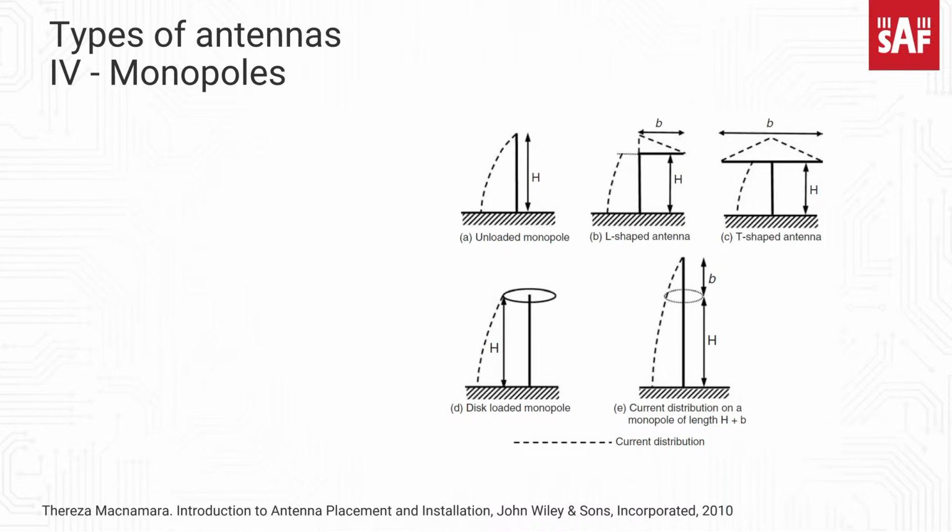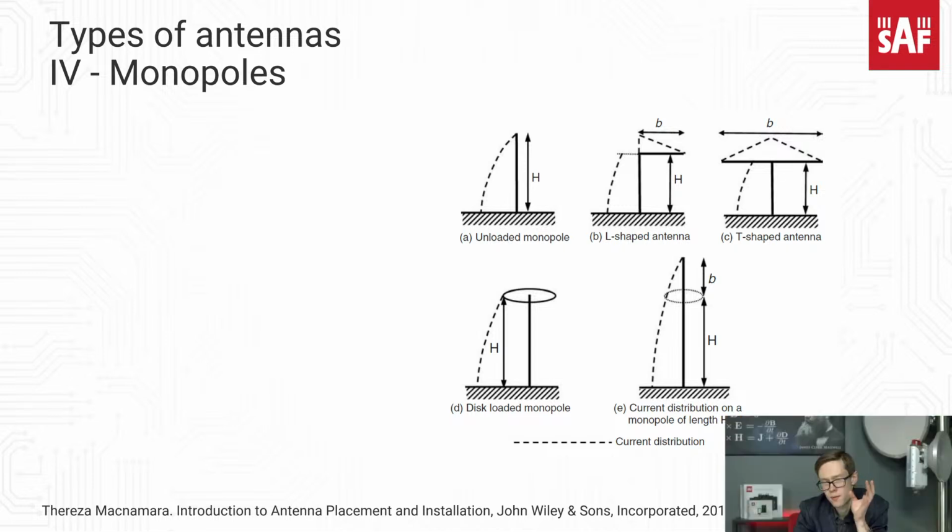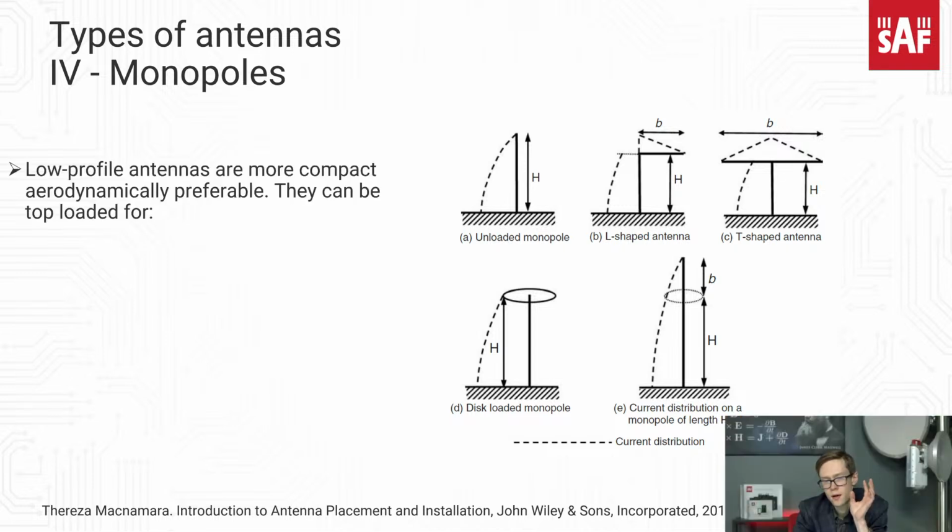And there is an additional subtype, the so-called top-loaded monopole antennas. Here are some examples of them. This is because low-profile antennas are more compact and aerodynamically preferable. For example, for use in aviation, on aircraft, we want to reduce the size of the monopole antenna, and that is why we use top loading.